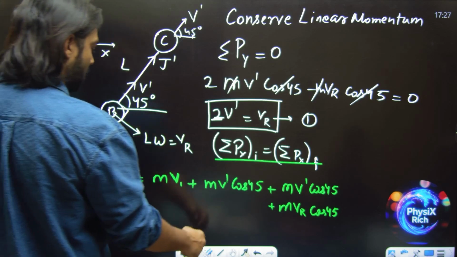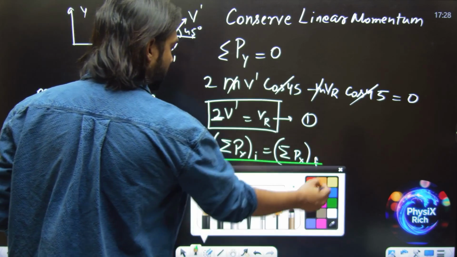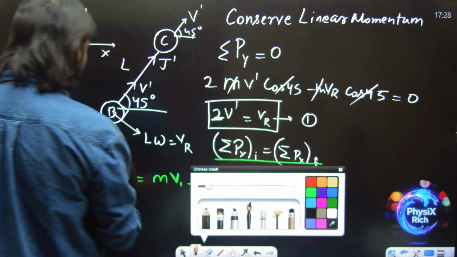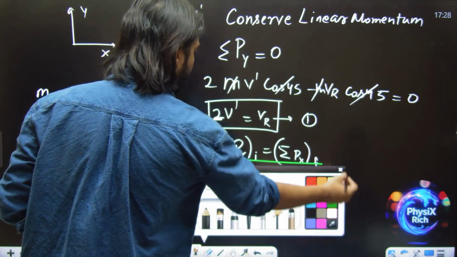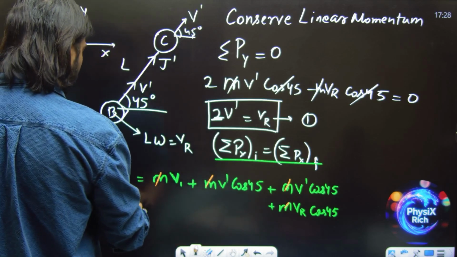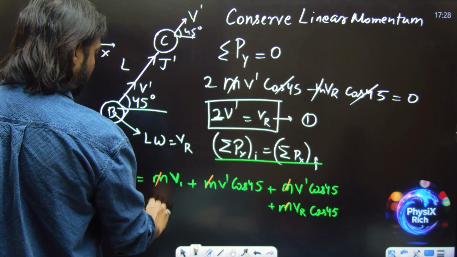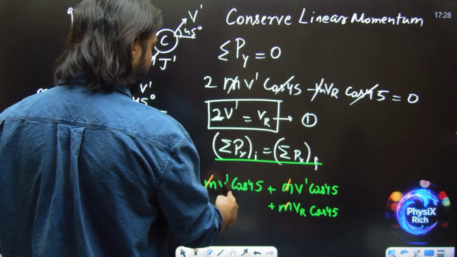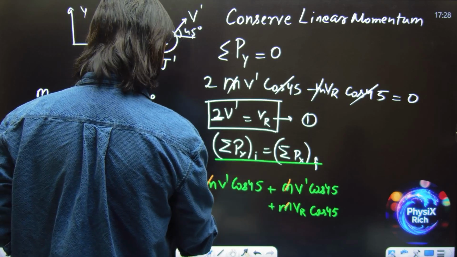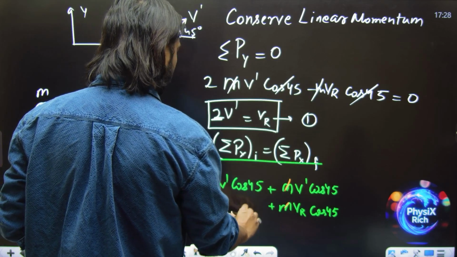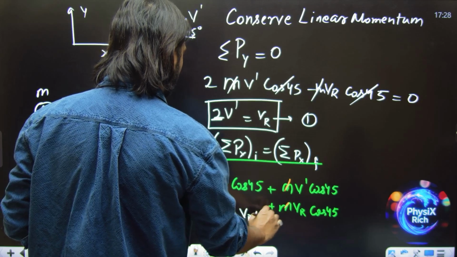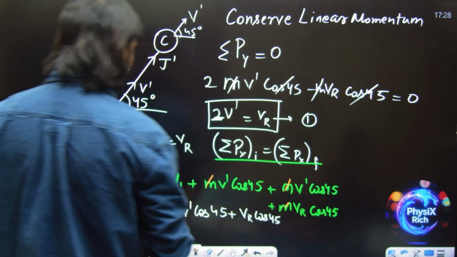All the m's are getting cancelled. I don't need to write all these m's. What I can write is v naught equals v1 plus 2v dash cos 45 plus vr cos 45.